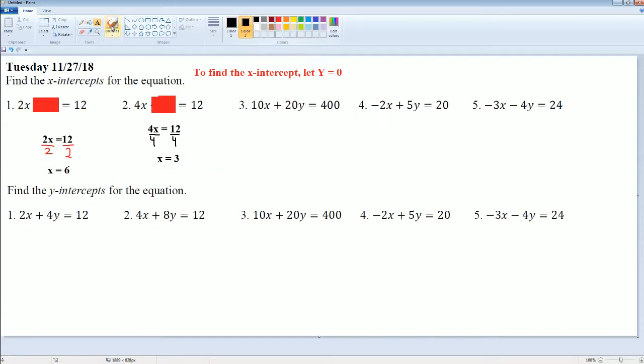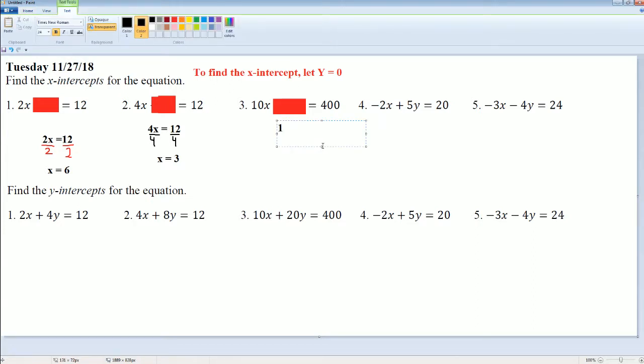Same thing here. Y is equal to 0, so this becomes 0, disappears. You get the equation 10x is equal to 400.